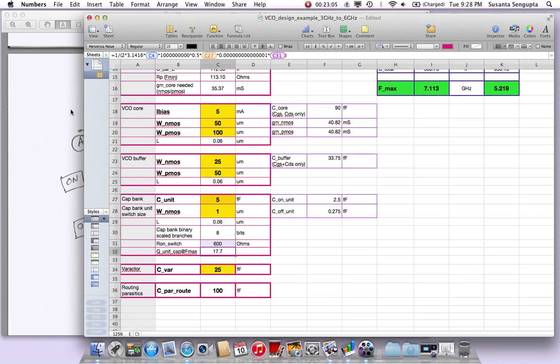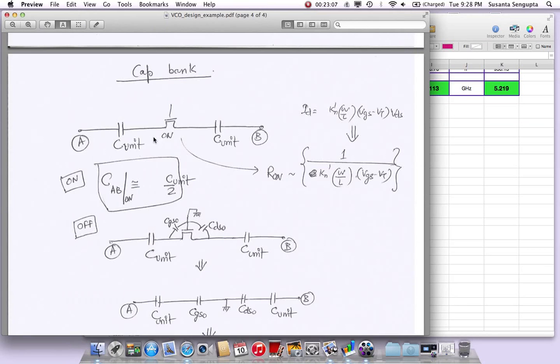So what we are basically doing in this formula is, you have an R-on, and you have the total capacitance as C by 2, right? And the Q is 1 over omega C R-on. So the denominator has 3 terms: omega, C unit by 2, and R-on. If you put that and you take an inverse of this, 1 over that whole term, that gives you the Q of this branch.